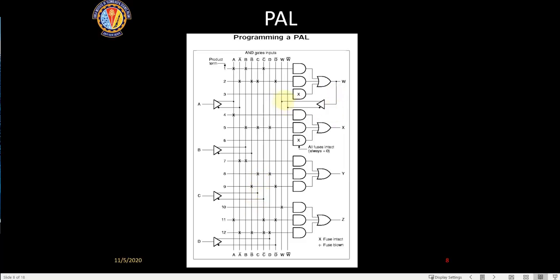This function which is already available in this line can be used here. Because in this PAL it has got only 3 AND gates, right? Now suppose this requires 4 AND gates, and the 4th AND gate is ABC, which I have already implemented in the first stage. So I will be able to take that and use it in these implementations. Is it clear? I think we'll see an example.